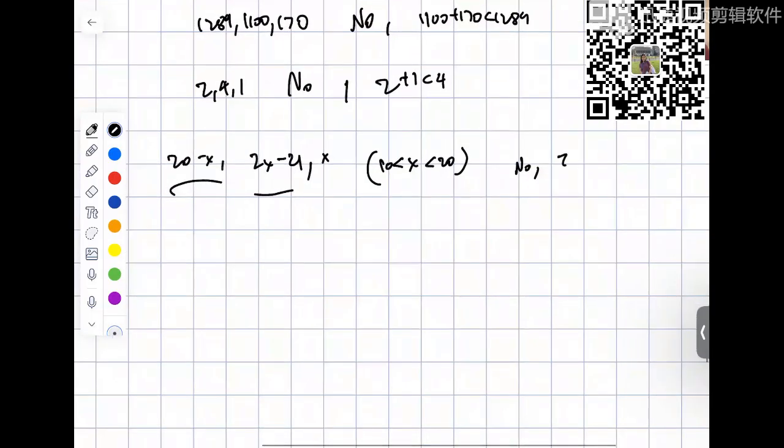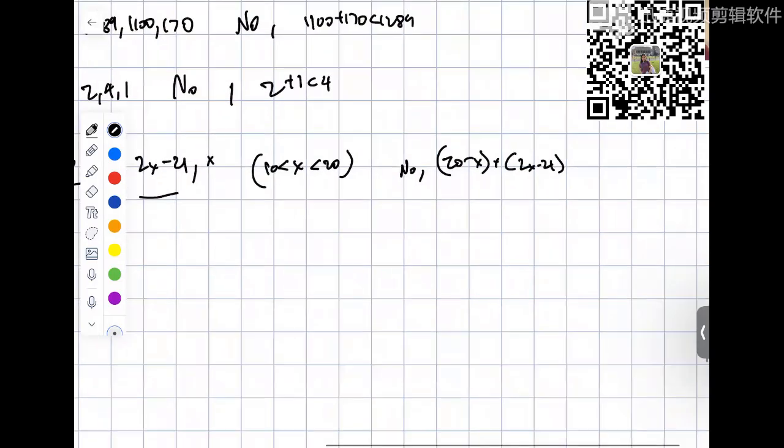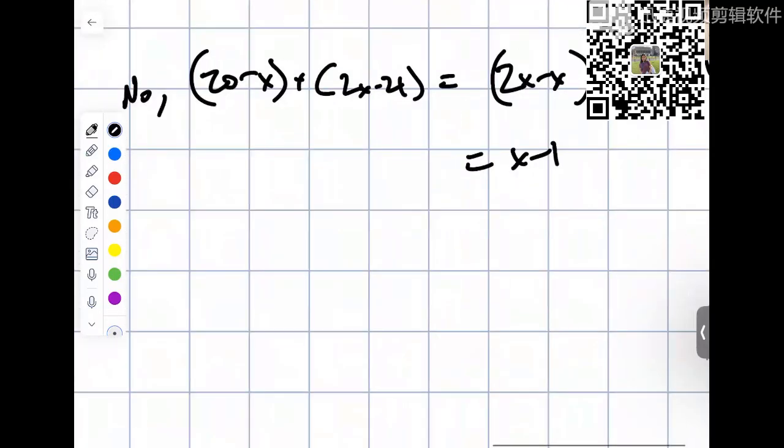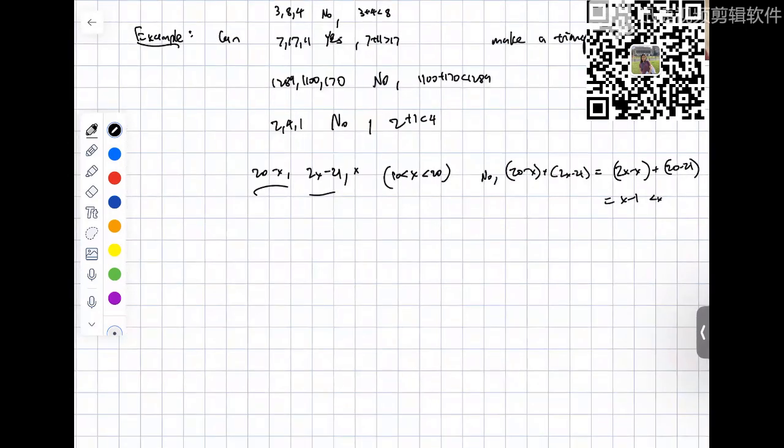I'll add it. I'm going to first combine the like terms. 2x minus x plus 20 minus 21 equals x minus 1, which is less than x. Does that make sense? Yeah. So you want to be able to work with the variables as if they're numbers, adding them, combining like terms, all that. Okay.